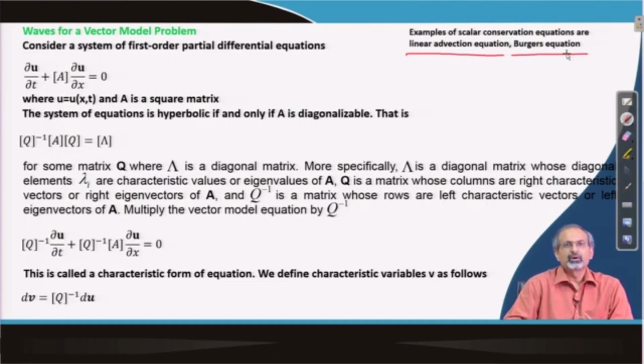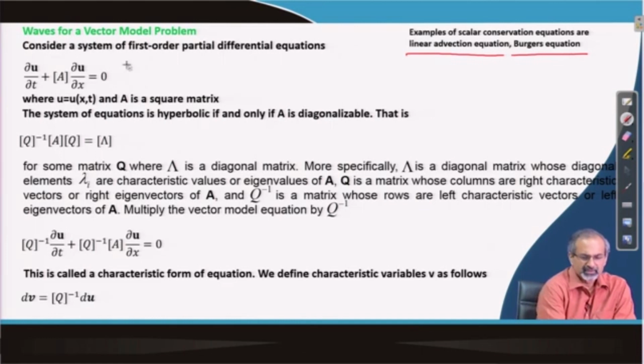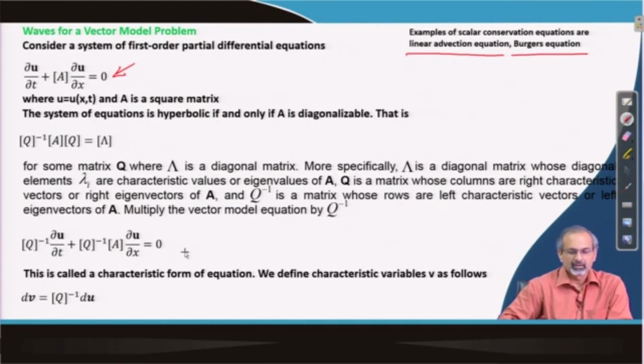Now, when we talk about waves or wave kind of solutions for vector model problems, we represent the system in this form, where as you can see that U is now a vector. The coefficient matrix is no longer a single parameter.